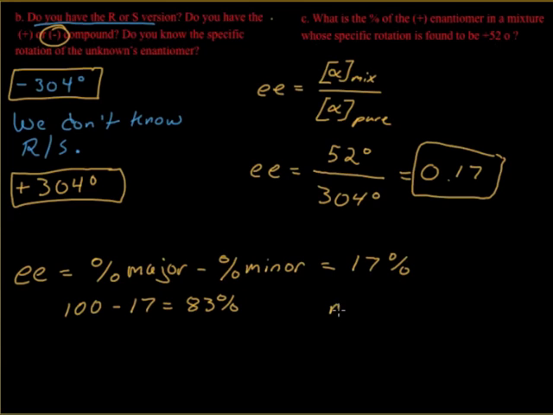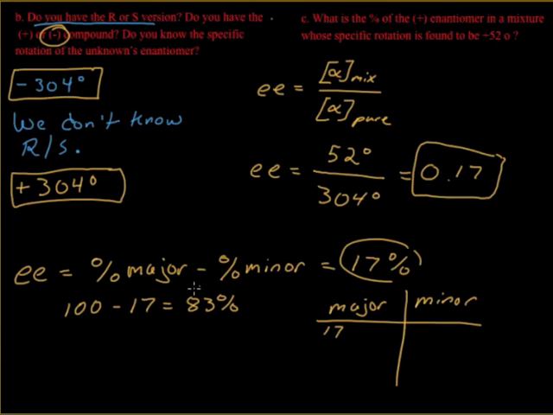So for the major, I had 17% here, okay, and then I've got the rest of it, 83, is split evenly between the two. So 83 divided by 2, 83 over 2, that's 41.5, and that's going to be split between the two.